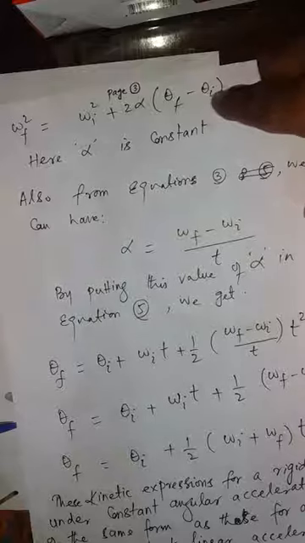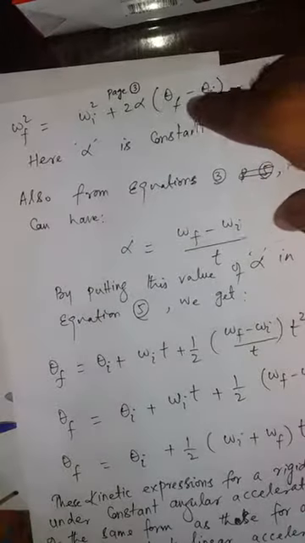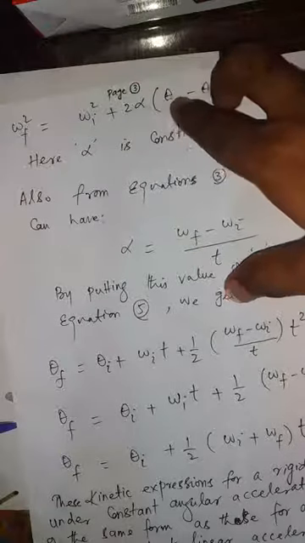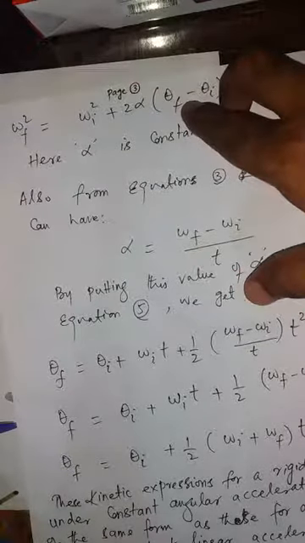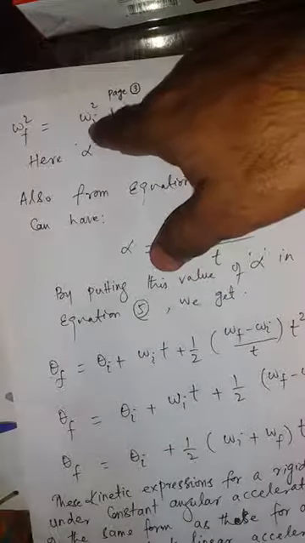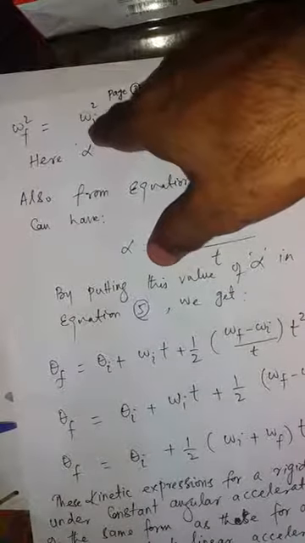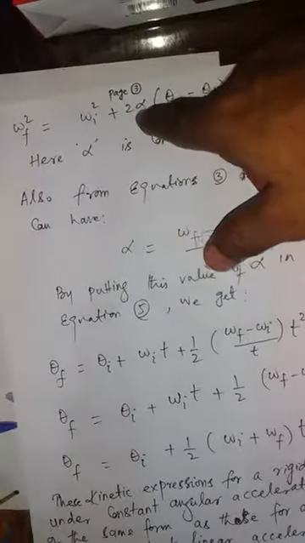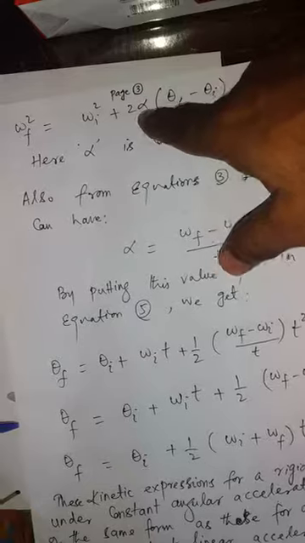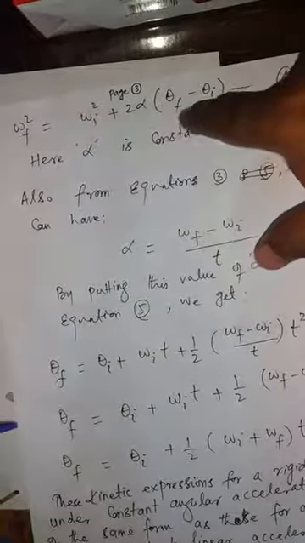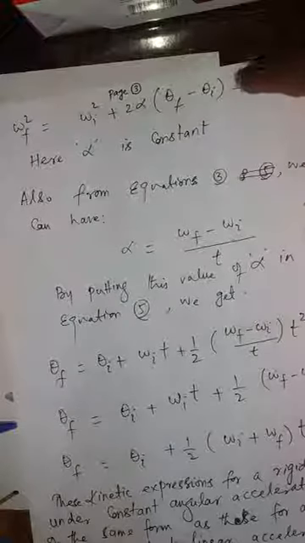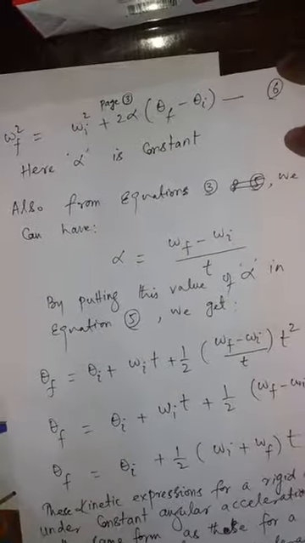Here theta f minus theta i is the total displacement traveled when omega i has been transformed to omega f under this constant acceleration alpha. We can transform this equation into a similar case for linear motion.